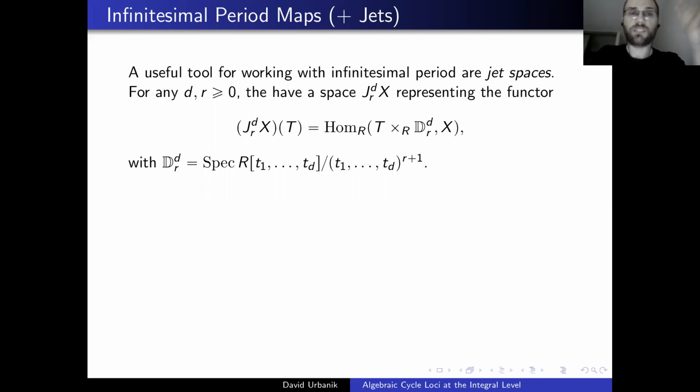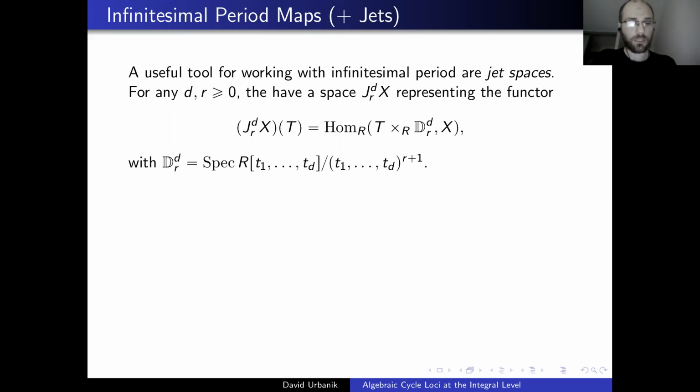So if you have any space X, there is what I'm calling a jet scheme of d-dimensional disks of order R associated to X. The formal definition is that it's the scheme that represents this functor that I'm writing here.